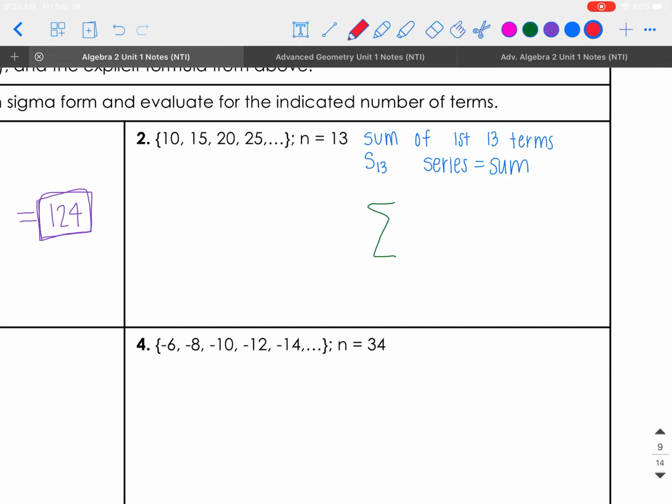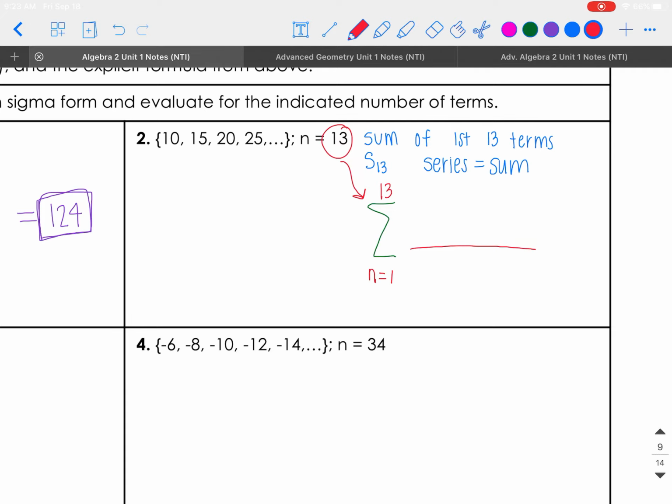What goes on the bottom? n equals 1. Always. What goes on the top? 13. And then the part that goes over here on the side, we've got to figure that out.